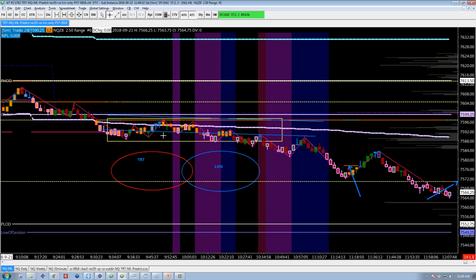Interesting. Okay, so that's where we stand. Next week, I'm going to burn in refined low volume node patterns, adding them to the production system, with the plan to release it next week.